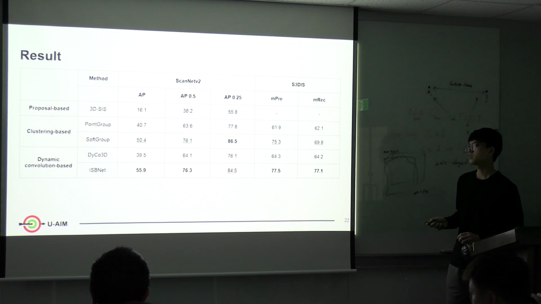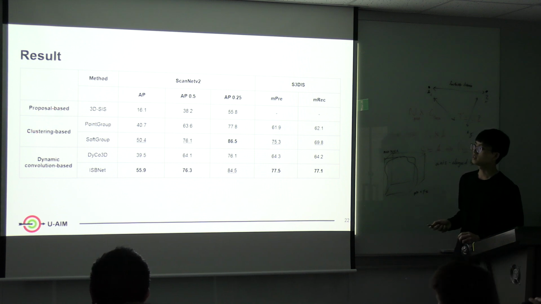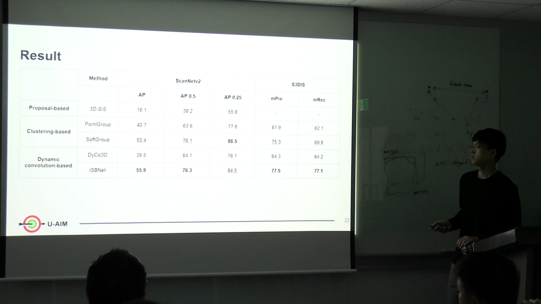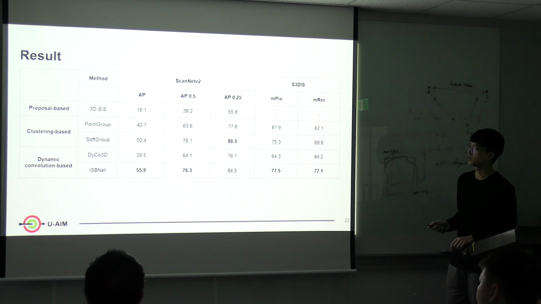So I think this clustering-based method can have a better result than the dynamic convolution, which is 1-stage here. So I think in the future there will be more research about enhancing the result of clustering-based methods.